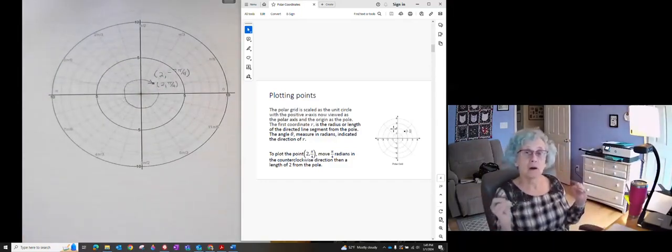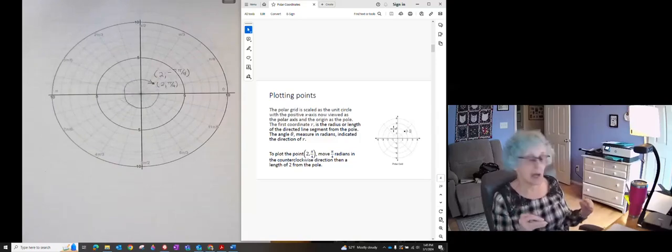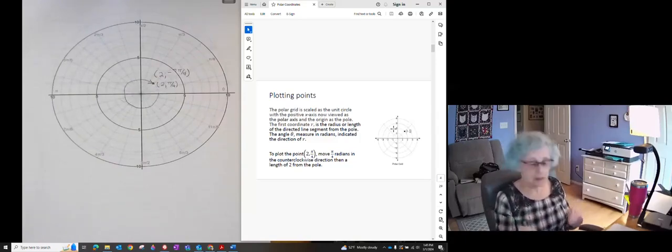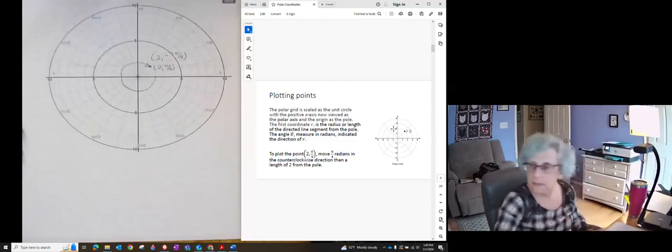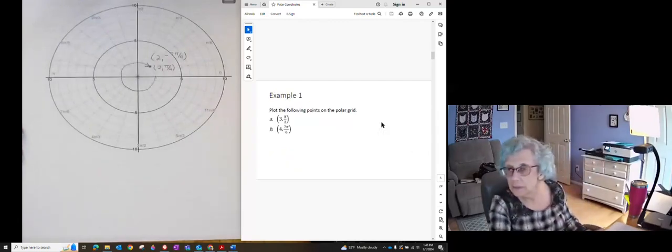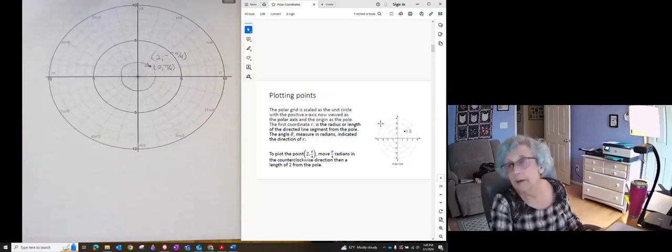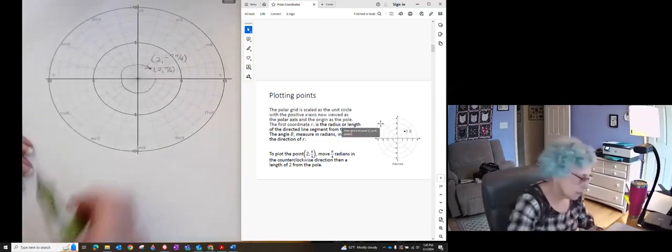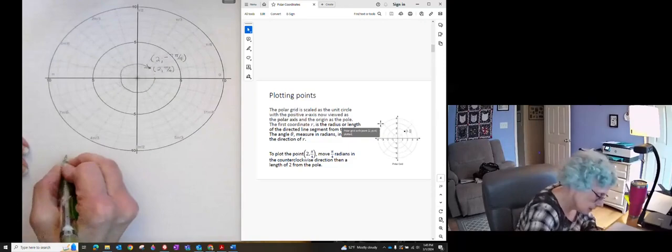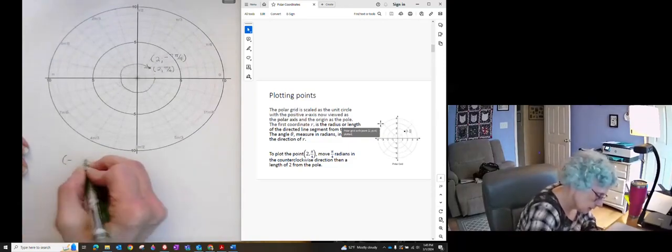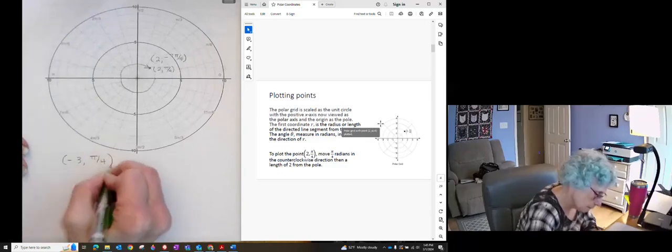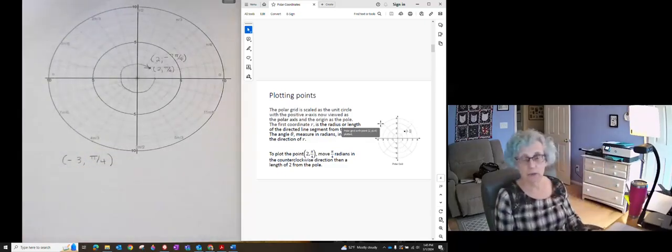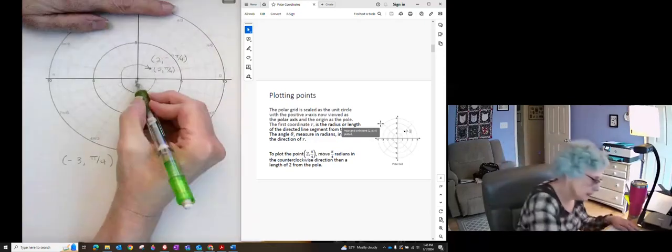But you can also plot points with negative r values. So let's see if the next page has one of those. No. So I'm going to go ahead and show you how to plot one with a negative value. We would have (-3, pi over 4). There's 2 ways you can think of it.